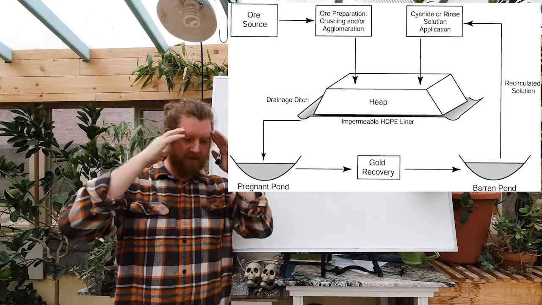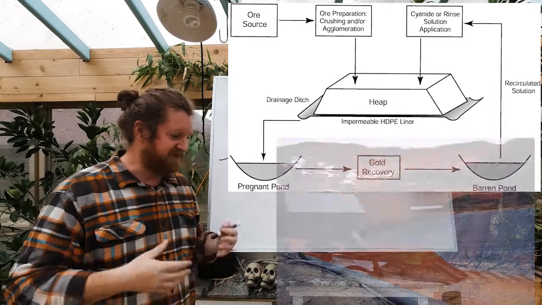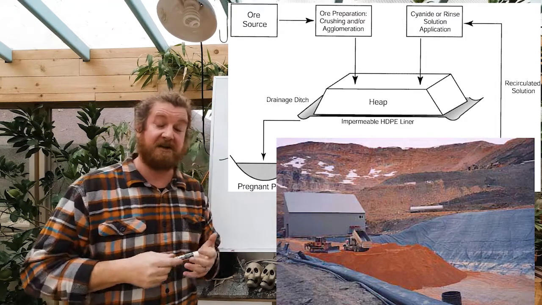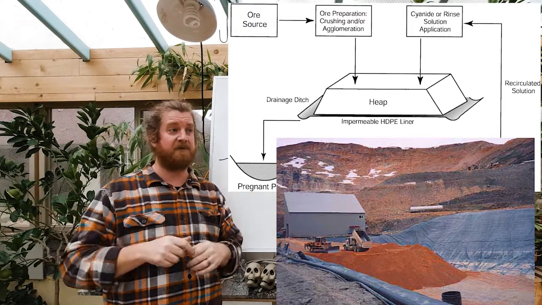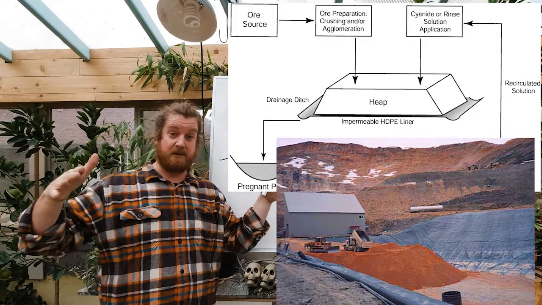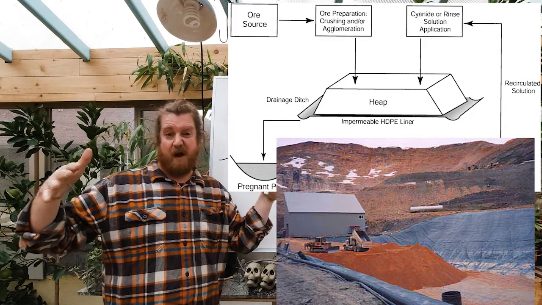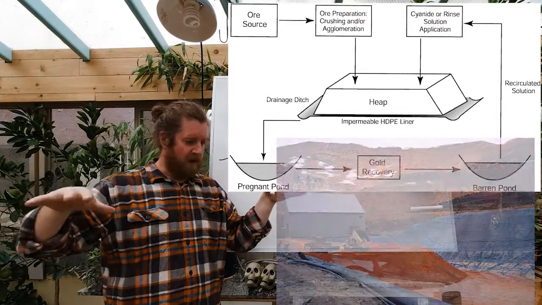With that notion in mind, this is what we call cyanide heap leaching, and it's a really common method of gold extraction.